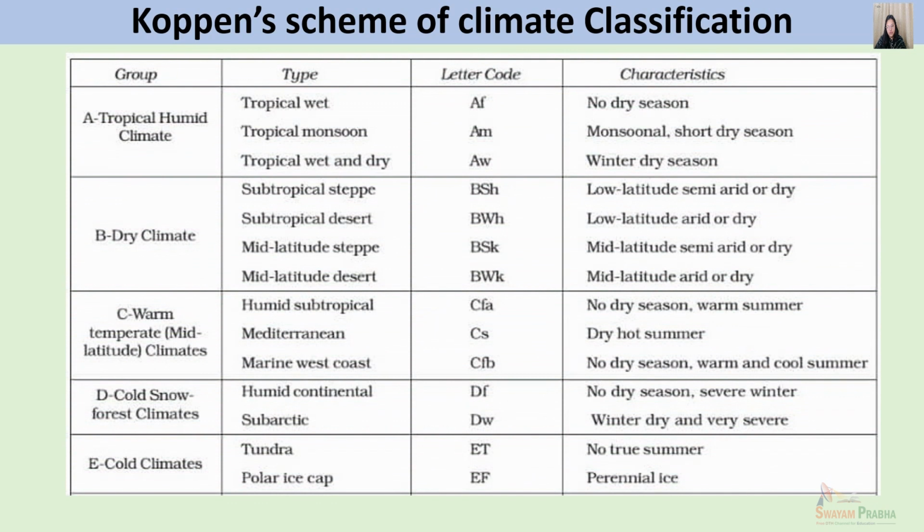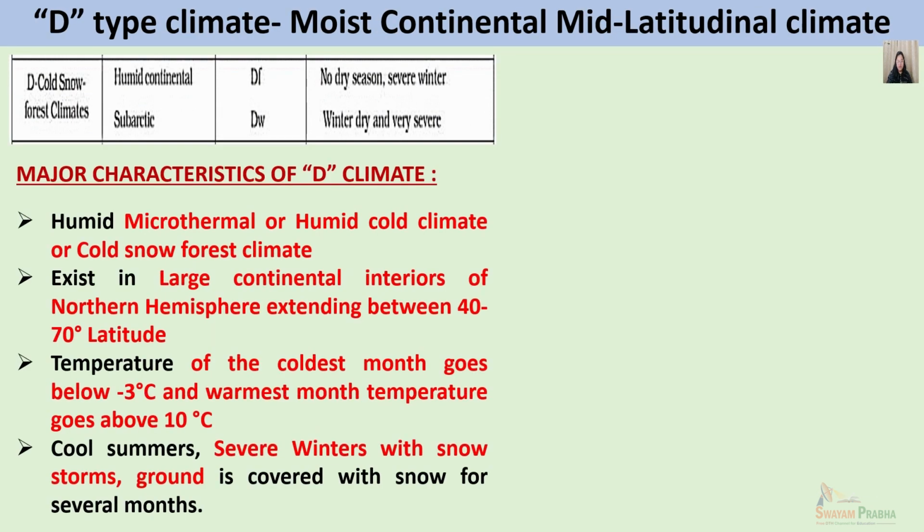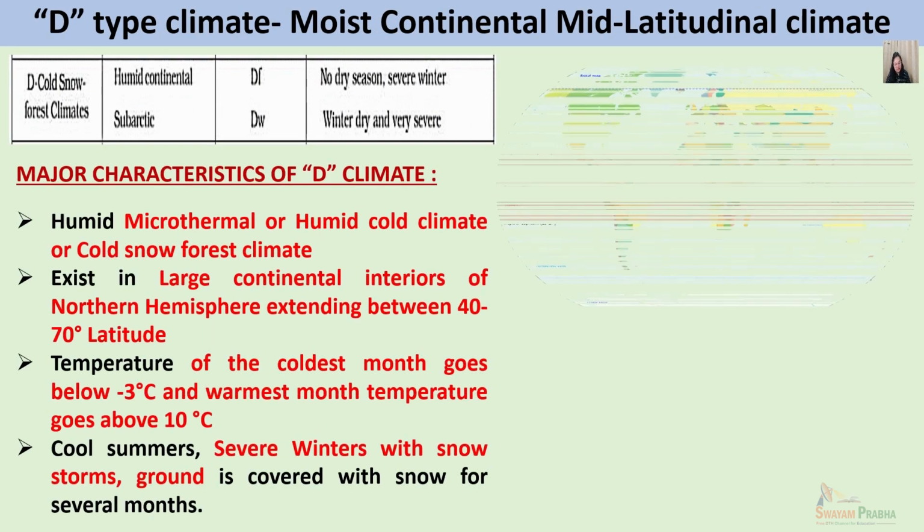Now let's move on to D type of climate, also called cold snow forest type of climate. And the two variants of D type of climate which we will discuss are humid continental type of climate, DF, and subarctic type of climate, that is DW. What are the prominent characteristics of D type of climate?